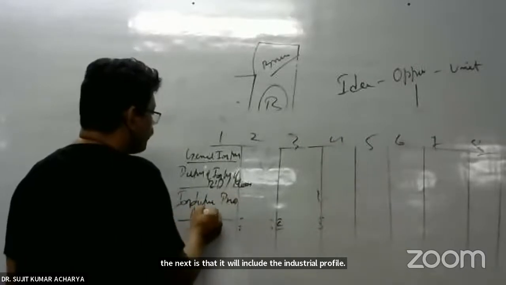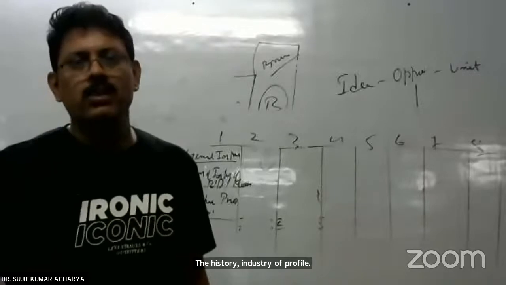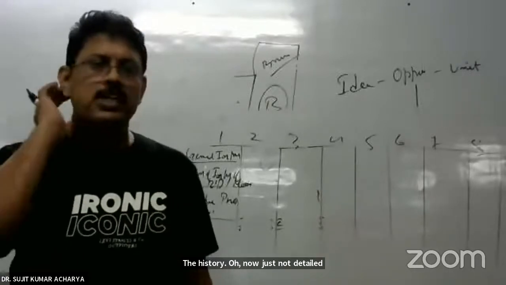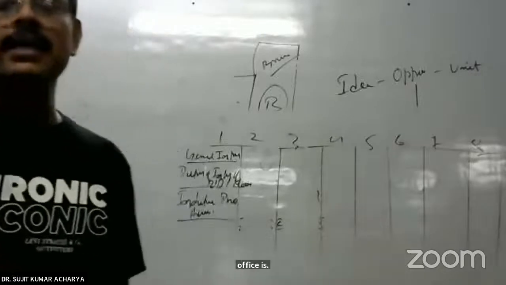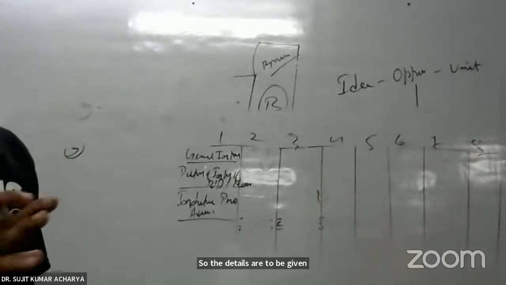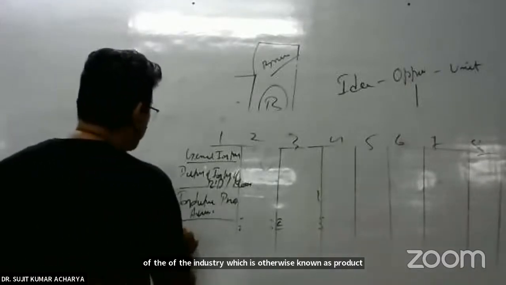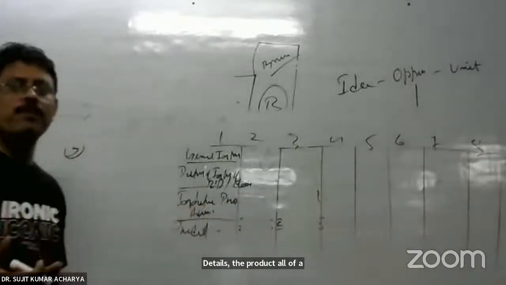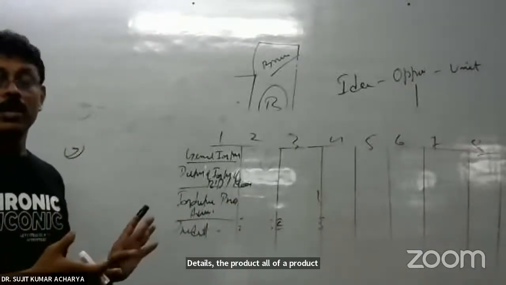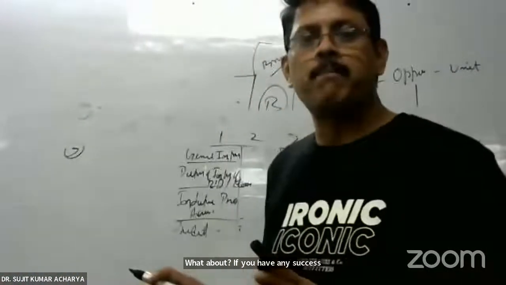The history, the industry's details, where the head office is, so the details are to be given. And third is that the objective of the industry, which is otherwise known as the product details. The product you will produce, something about it will be there. If you have any success story, then this is also to be mentioned.